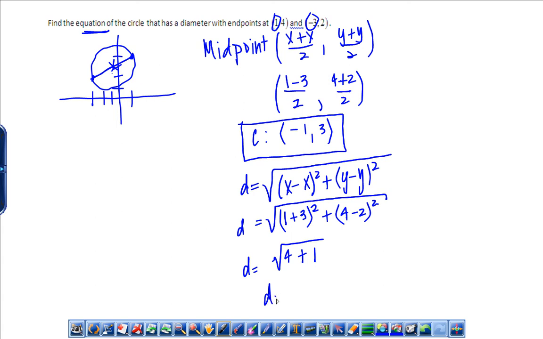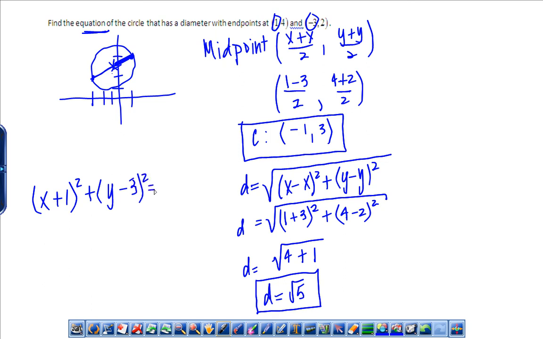This gives me a distance of square root of 5. Now remember, this is only a distance right here. So this is really my radius. You've got to be careful with that. So now I'm ready to write my answer. So this is going to be x plus 1 quantity squared plus a y minus 3 quantity squared, and that is equal to 5.